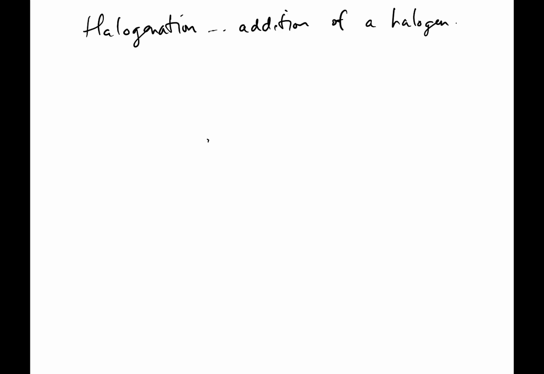So halogenation, generally speaking, looks like this, right? We have an alkene. Let's just make something. We'll do our little intro here. Halogenation, right? Addition of a halogen, diatomic, maybe I'll put diatomic, across an alkene, such that we have an alkene here, and let's do something like that.